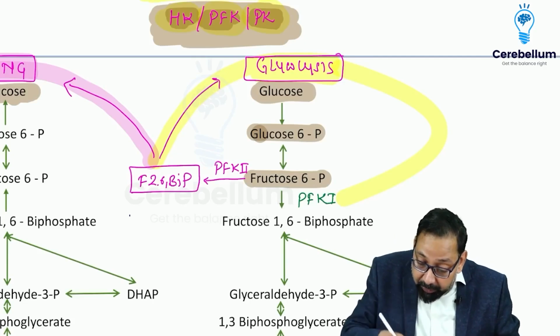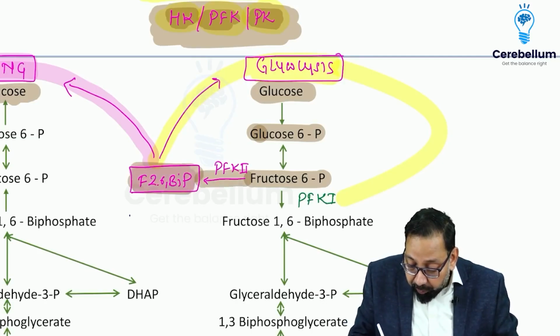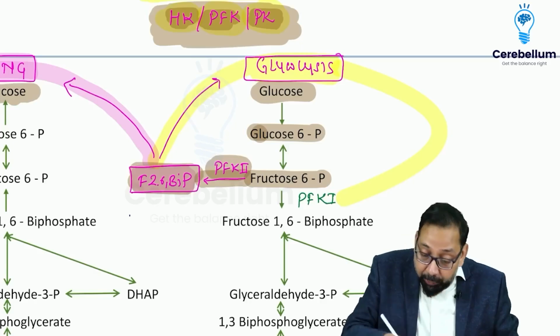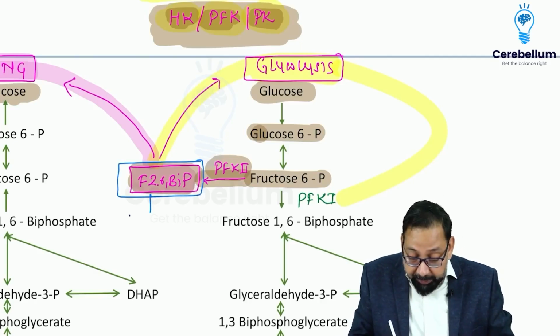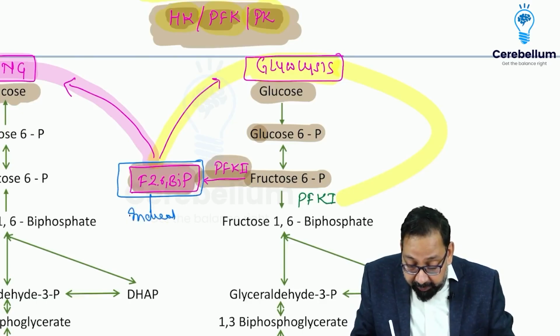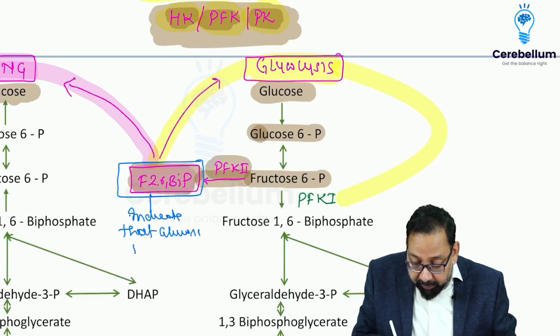This fructose 6-phosphate is converted to fructose 2,6-bisphosphate by phosphofructokinase 2. And you will write that this fructose 2,6-bisphosphate indicates that glucose is in sufficient amount.